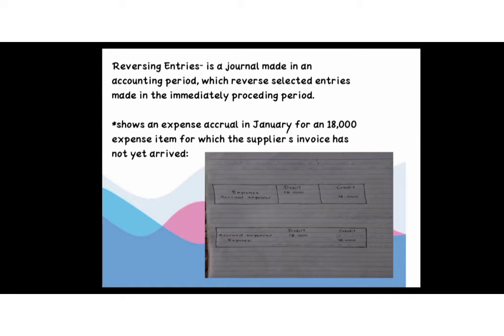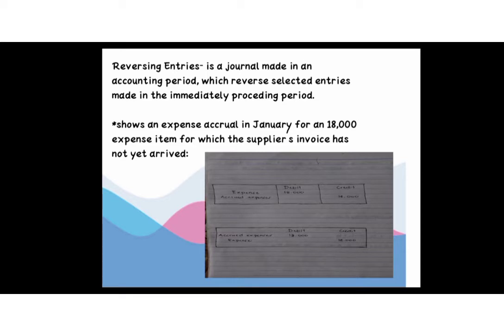statement in January, which is presumably when it was supposed to appear under the accrual basis of accounting, while there is no net recognition of any expense at all in February.